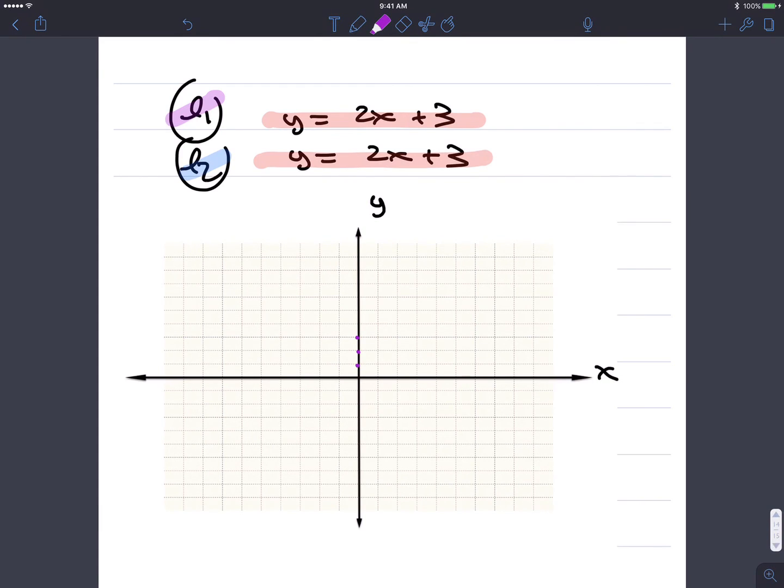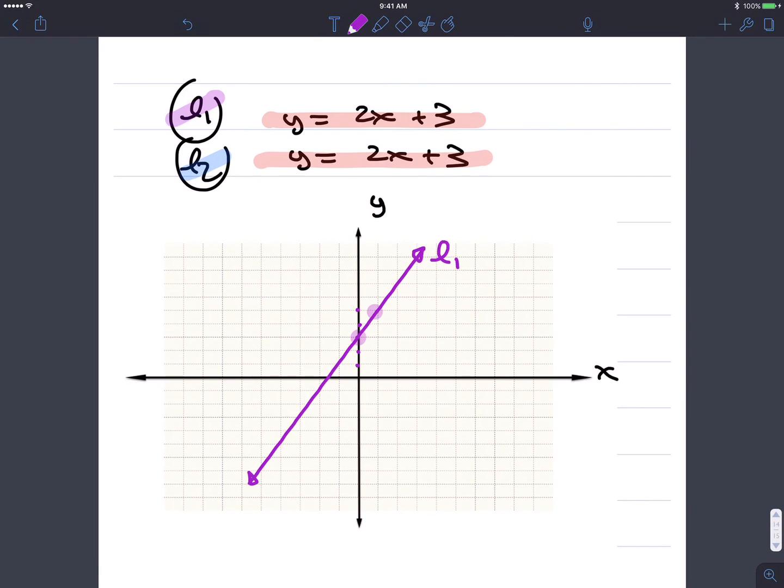Here's the y-intercept. We have a slope of +2. So go up 2, go to the right 2. Let's draw our line. Line 1.